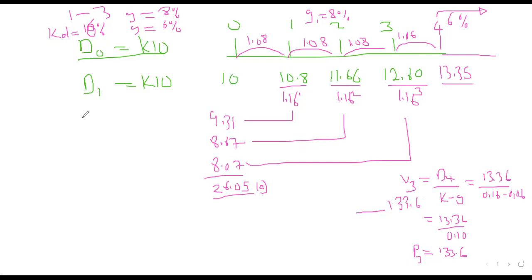Are we together so far? Yes, we are. So if we're together, as of year 3 we have 133.6. This one, we now have to discount it. How do we discount it to the current year here? What do we do?